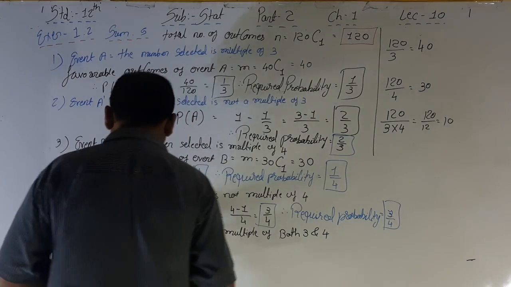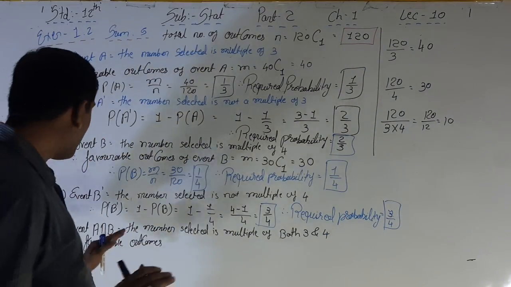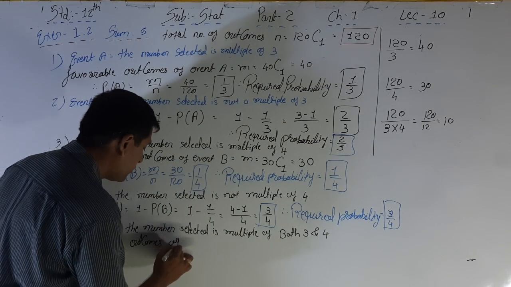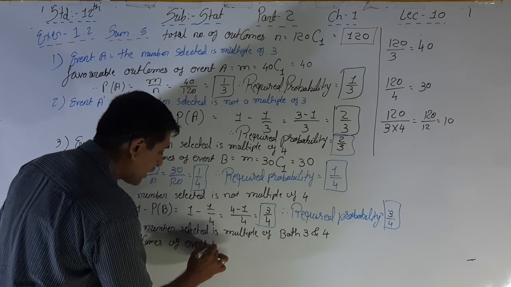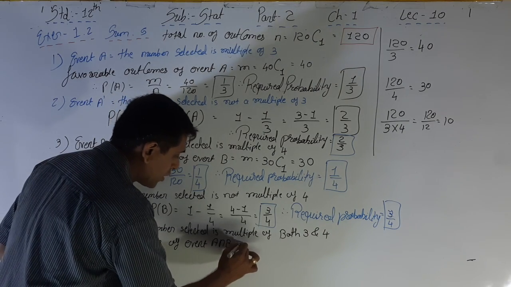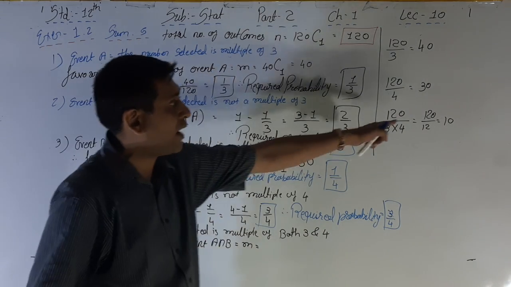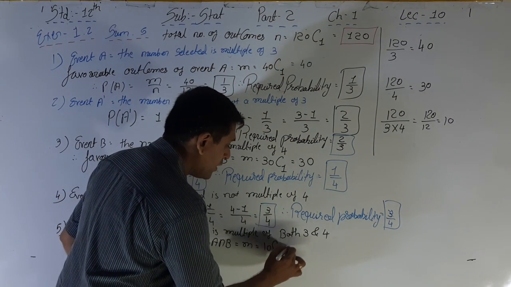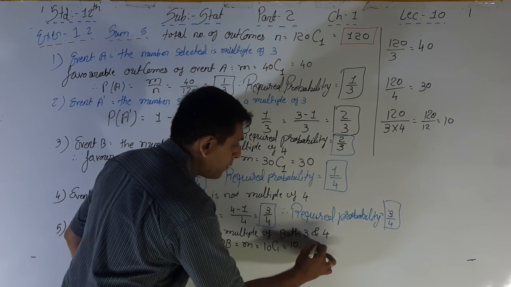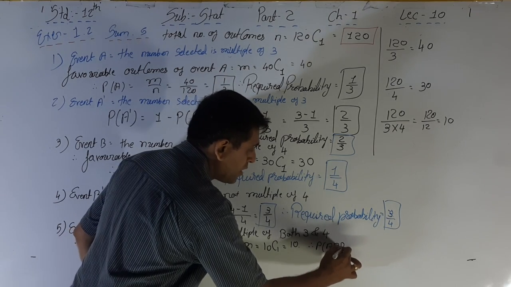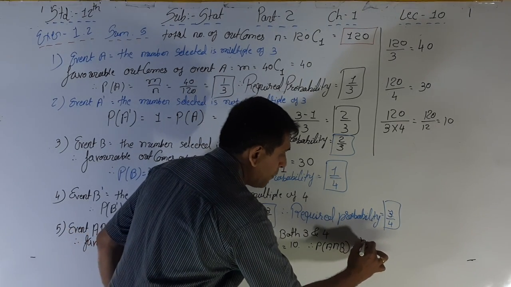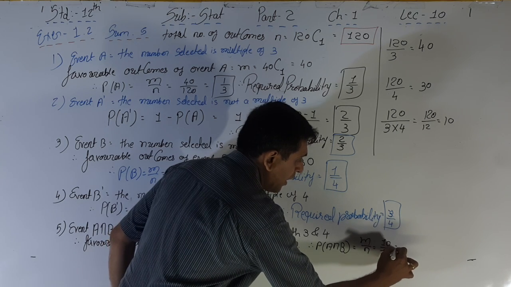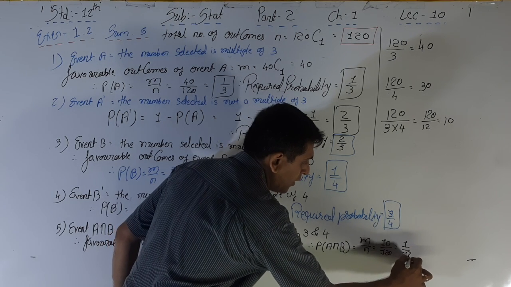So here favorable outcomes, what is that? Favorable outcomes of event A intersection B is equal to, M is equal to, how many are there? There are 10 numbers. So 10C1 is equal to 10. Therefore P of A intersection B is equal to what? M upon N, that is 10 upon 120, and that is 1 by 12.